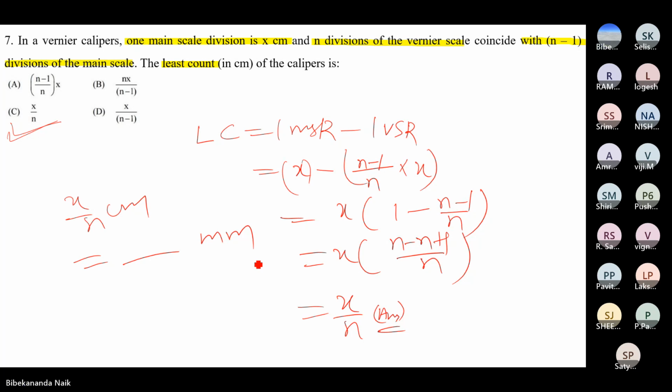If you convert centimeter into millimeter, what do you do? We will simply multiply by 10. So 10x by n millimeter.